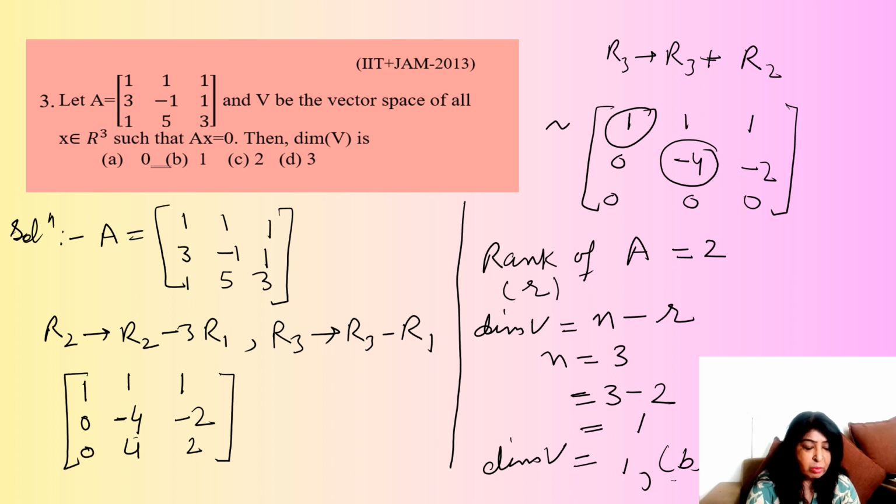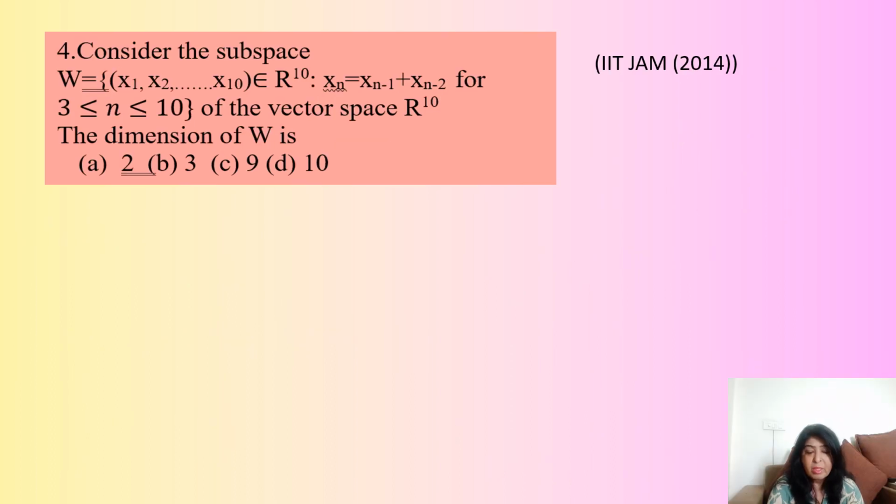Next we have, consider the subspace W having x1, x2, x3 up to x10 belongs to R10, such that xn is equal to xn minus 1 plus xn minus 2 for n lies between 3 and 10, of the vector space R10.